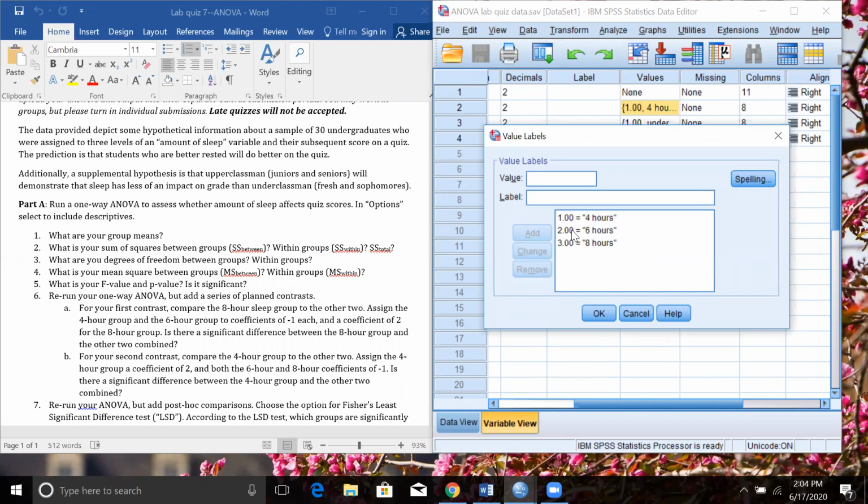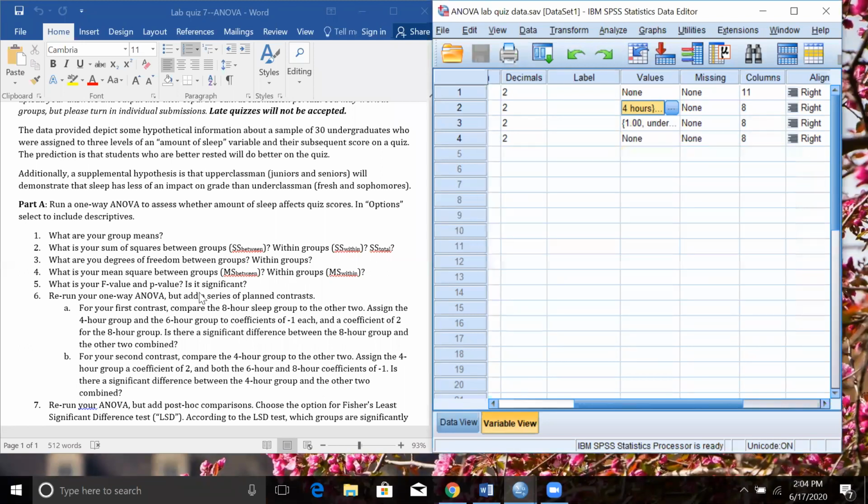The second group are those who were assigned 6 hours of sleep, and the third group 8 hours of sleep. So you can't run a t-test because there's more than 2 groups at play here. There's still, in this first part of the quiz, a single IV and a single DV. But what makes the ANOVA appropriate is that there are 3 groups instead of 2.